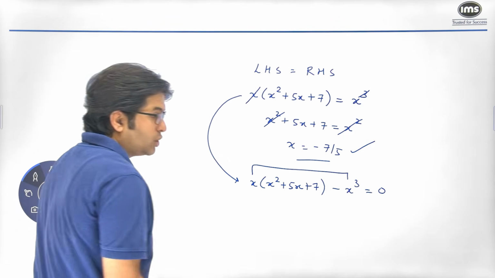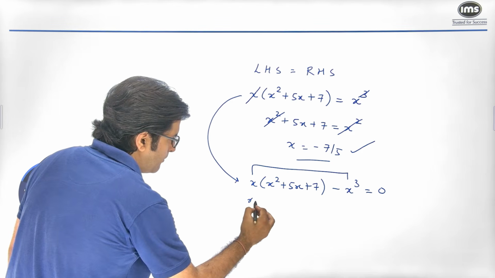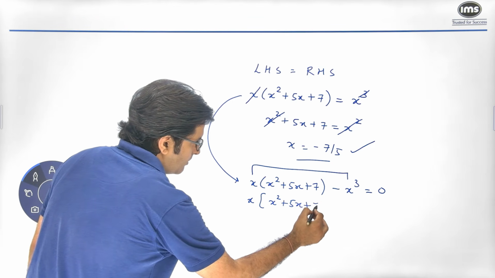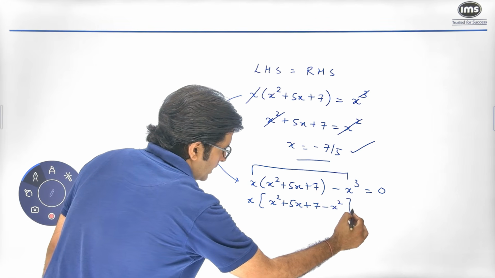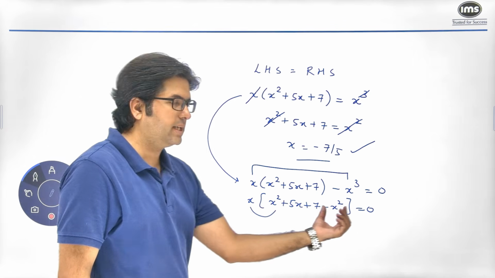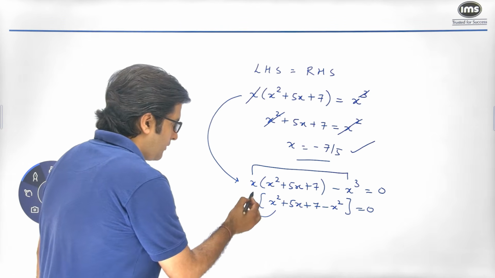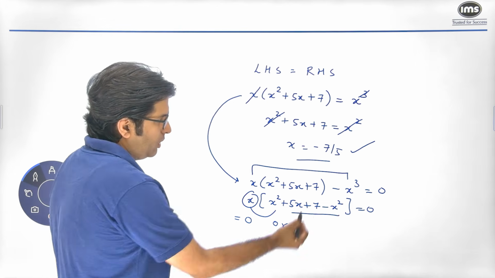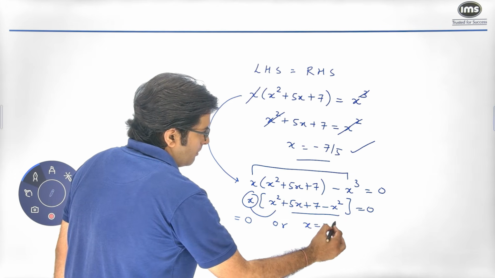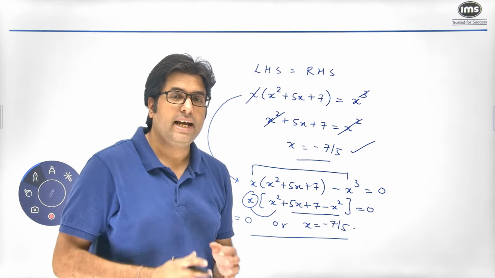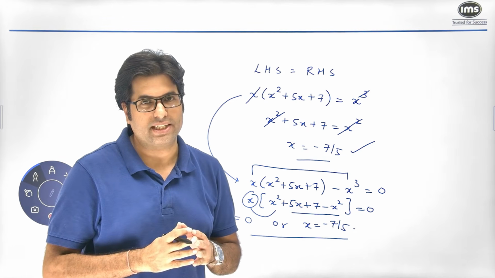From these two terms you are supposed to take x common, and then the inside bracket would look like x square plus 5x plus 7 minus x square, this equal to 0. So effectively you have a product of two possibilities equal to 0. Either the first possibility will be equal to 0 or the second possibility will be equal to 0, which gives us this result of minus 7 by 5, which means there are two possible solutions, x equal to 0 or x equal to minus 7 by 5.